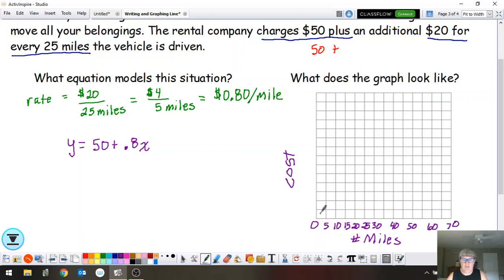And then for our cost, we know we're starting at $50. So let's do this by 5 as well, I think. So $10, $20, $30, $40, $50, $60, $70.